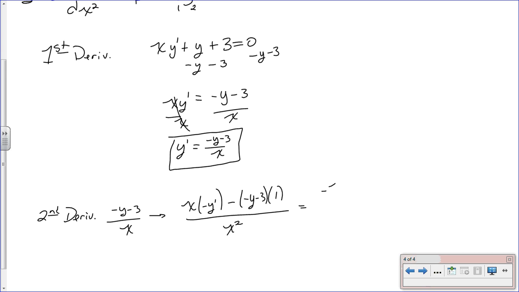So that's negative x y prime plus y plus 3 over x squared.